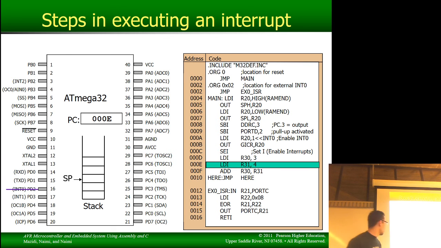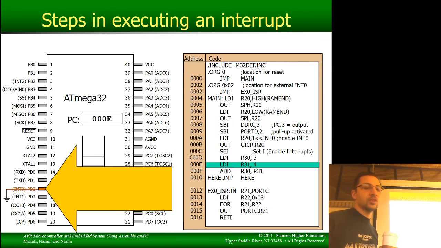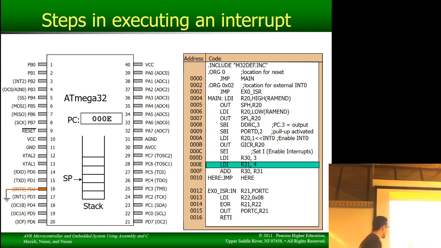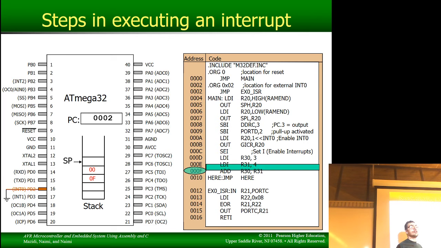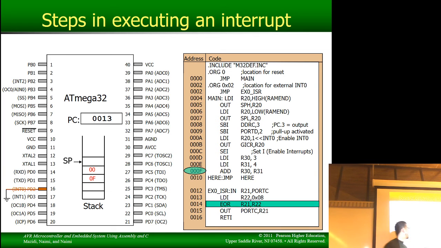Okay, so let's say that we're right here. We're in the middle of executing some code, and at the time that we're executing that code, suddenly we change pin D2. What it's going to do is almost like an implied function call. It's going to put the address of the next instruction that we would have executed onto the stack, just as if we'd done a call.